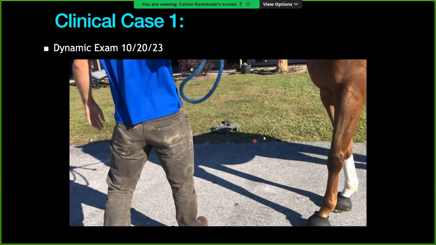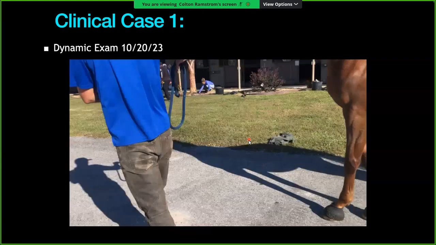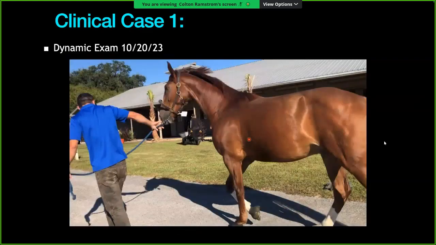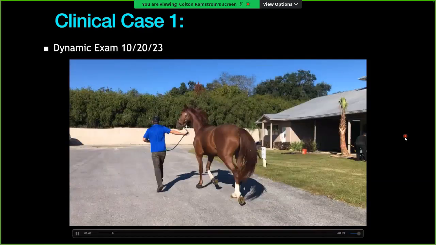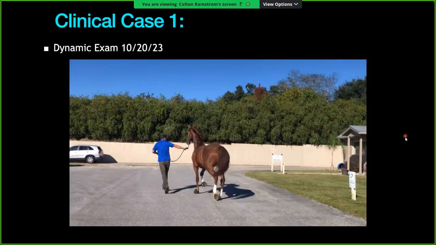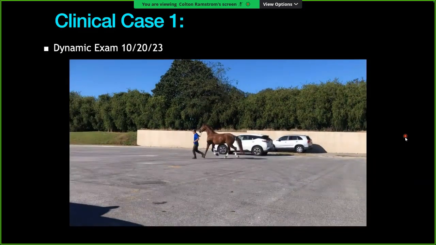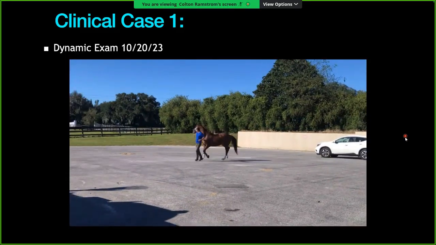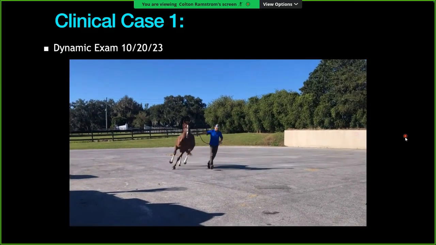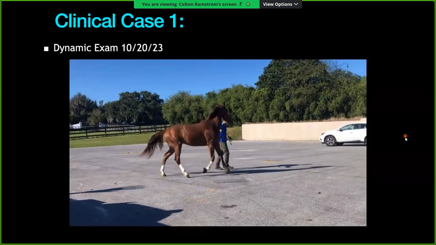He was kind of dragging Camille all around. So nothing super exciting here at a trot on the circle other than the horse himself.